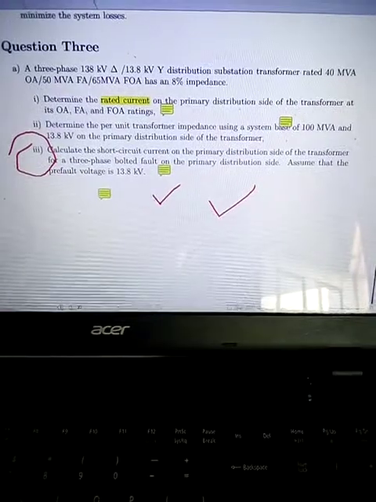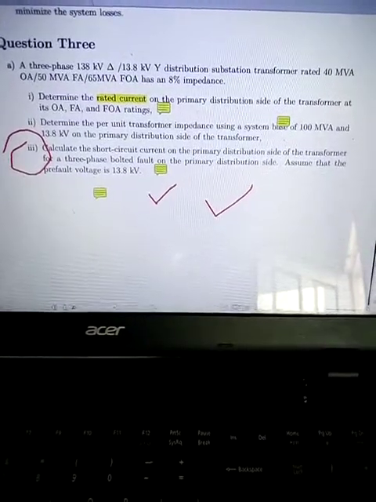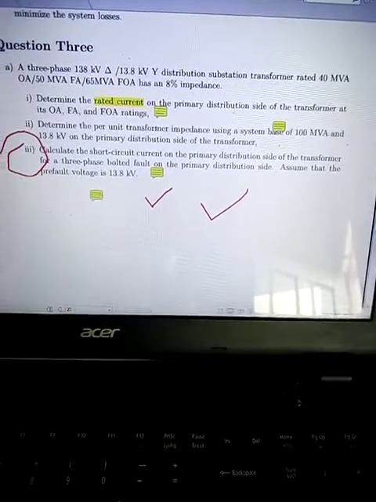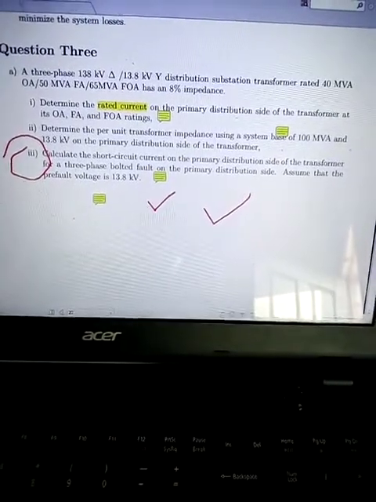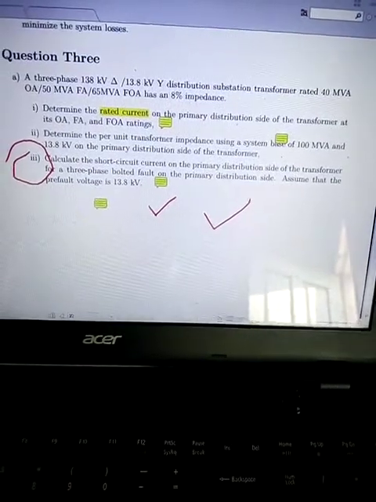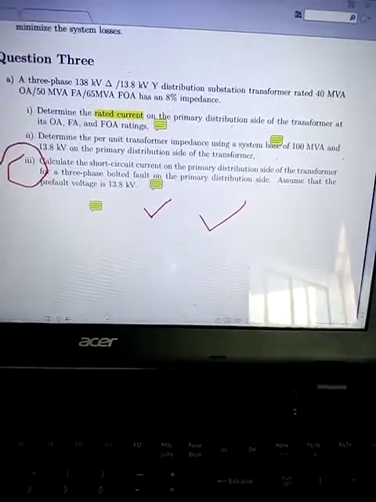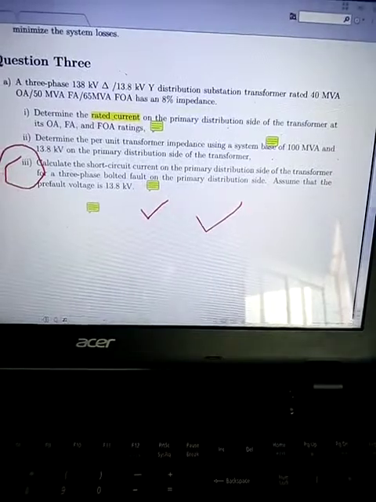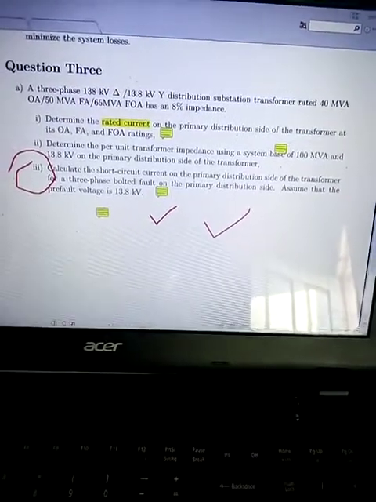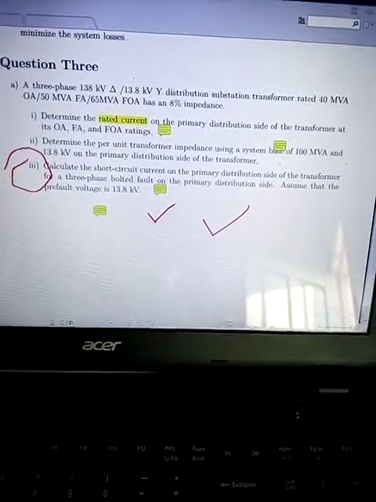And it says a 3-phase 138 kilovolts delta 13.8 kilovolts Y distribution substation transformer rated 40 MVA for OA and 50 MVA for FA, as well as 65 MVA for FOA, has an impedance of 8%. The first part requires us to determine the rated current.